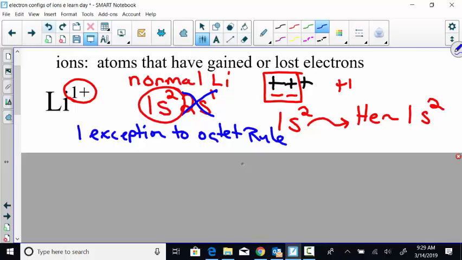Everything else is going to be an octet, but this one happens to be stable without being an octet. But that's how it became a 1+ charge: it lost that electron.